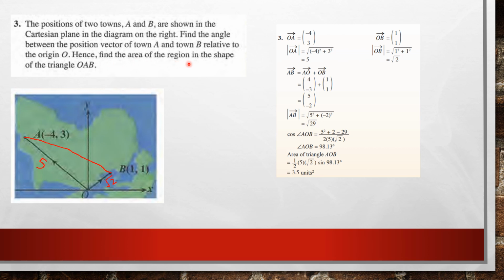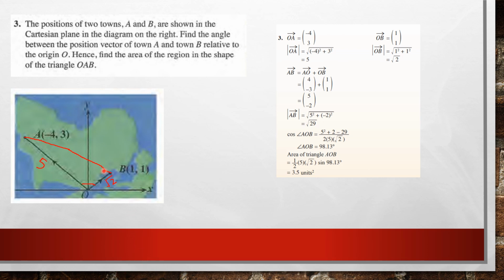So now you want to find the area of the region. Here we find the angle AOB first, by using the cosine rule. So you will get the angle AOB here is 98.13. Then using half times 5 times square root 2 times sine 98.13, you get 3.5 units squared.